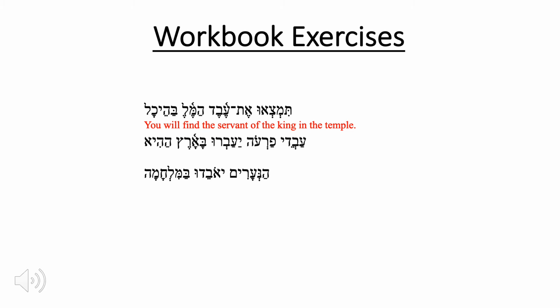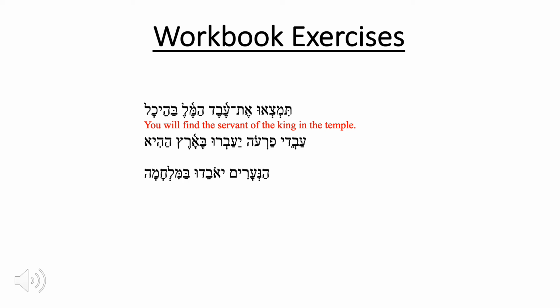The answer to number 5 begins with a verb, you will find, from matzah, the tav and the shuric suffix indicating that this is a 2MP, you will find, and then we have the direct object marker of what you will find. You will find the servant. We know that this is the servant because after servant we have the word melech.